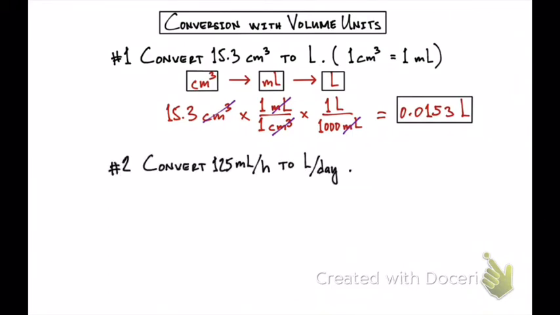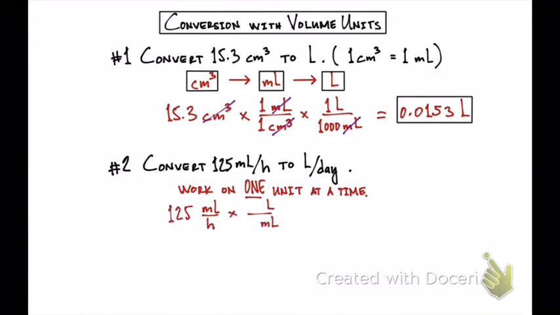And here's another example. Convert 125 milliliters per hour to liters per day. Again, we're not given the numerical relationship here, so you just have to remember that there's 24 hours per day, and then there's 1,000 milliliters per liter. So we're going to write down what's given here. 125 milliliters per hour, and we can convert liters to milliliters first, or milliliters to liters. So that's 1,000 milliliters in 1 liter.